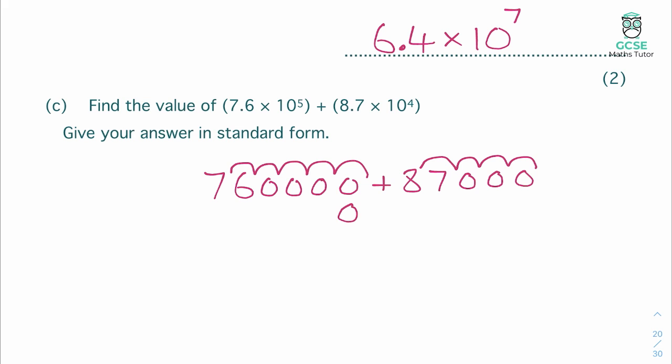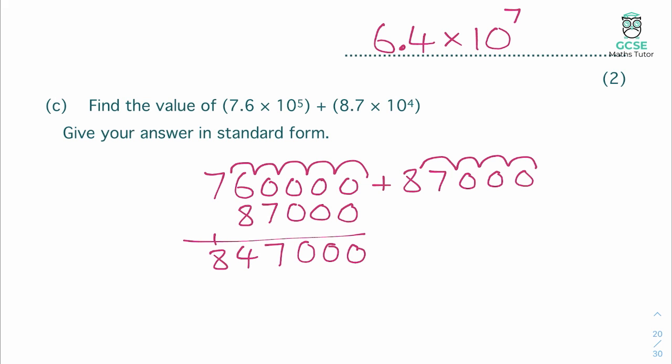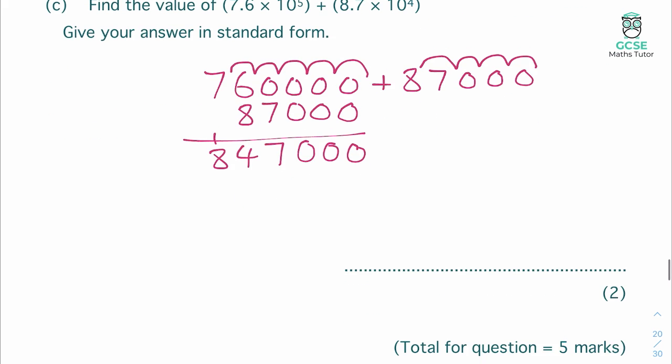I'm just going to go straight underneath this one, so 1, 2, 3, 7 and 8. Add them together, 0, 0, 0, 7, that's 14, so carry the 1 and an 8. And if we convert that back into standard form, I've got to go 1, 2, 3, 4, 5 jumps back in. So 8.47 times 10 to the power of 5.